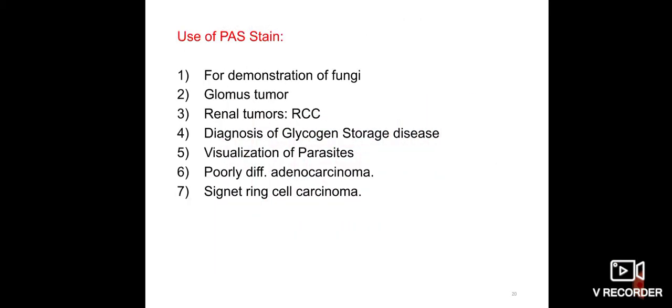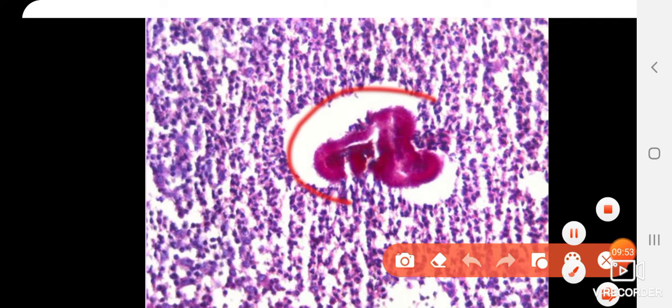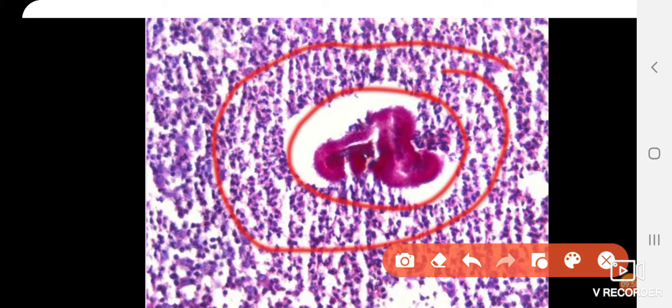Now what are the uses of PAS stain? For demonstration of fungi, in glomus tumor, in RCC, for diagnosis of glycogen storage disorder, poorly differentiated adenocarcinoma and signet ring cell carcinoma. This is an actinomycotic colony, which you can see in magenta color in a background of inflammatory cells.